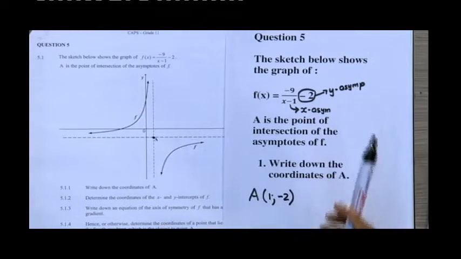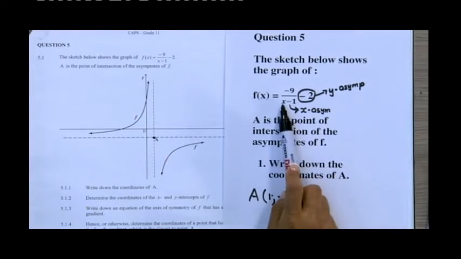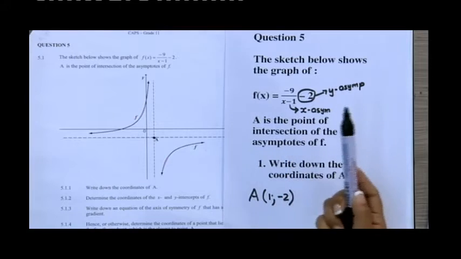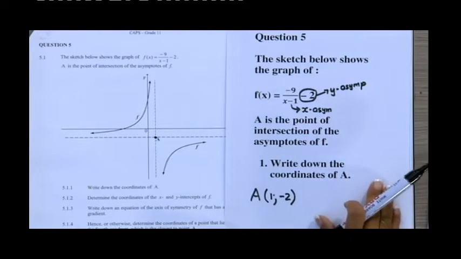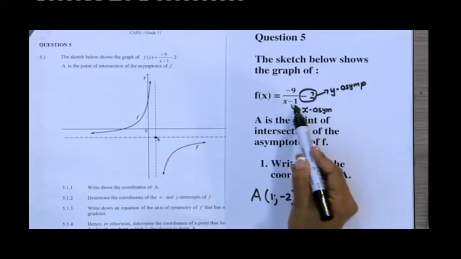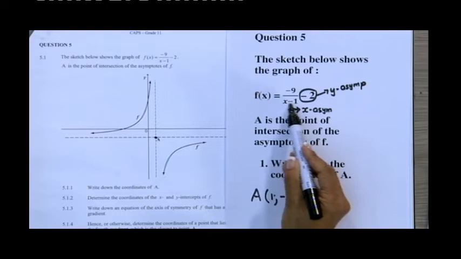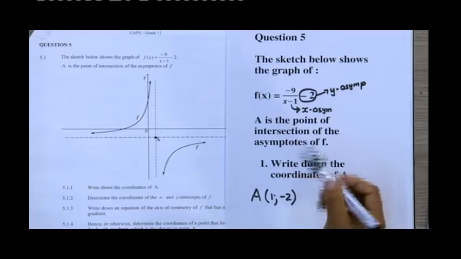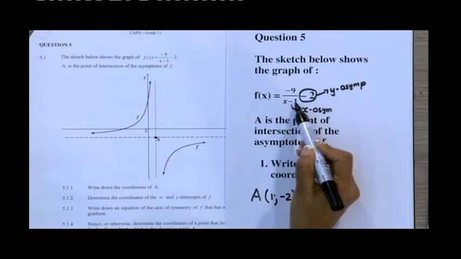Just quickly, grade 11s. An asymptote here means what can't x be? X can't be 1. Because if x is 1, 1 minus 1 is 0, and you're not allowed to divide by 0. And that is why your x asymptote is always the opposite of this -1. So many people say, ma'am, my x asymptote is -1.